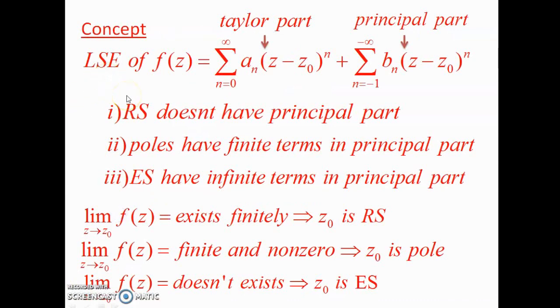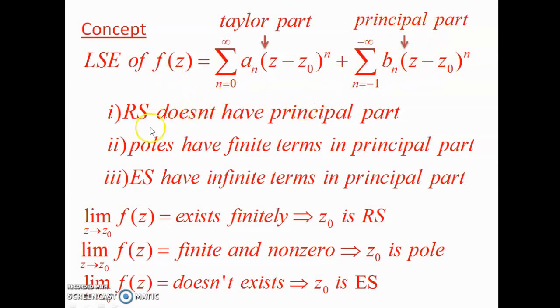So this is the Laurent series expansion of f of z. That is f of z is equal to sigma n is equal to 0 to infinity a_n (z minus z0) whole power n plus sigma n is equal to minus 1 to minus infinity d_n (z minus z0) to the power n. This part of the expansion is called the Taylor part, and this is called the principal part.